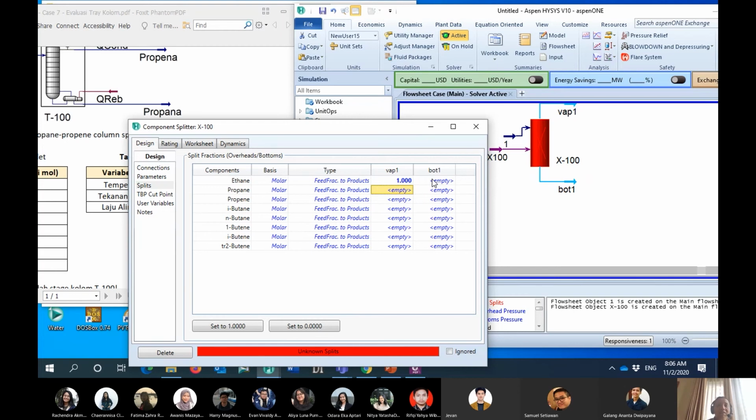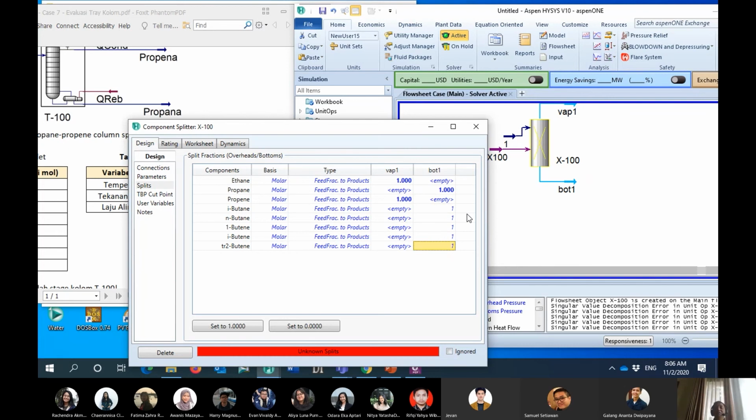The propane will also be in the top, so it will be 1 here. The others, because they are heavier than the propane, will be in the bottom, for example the butanes, also the isobutane.